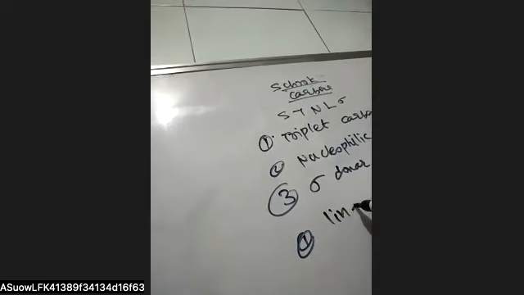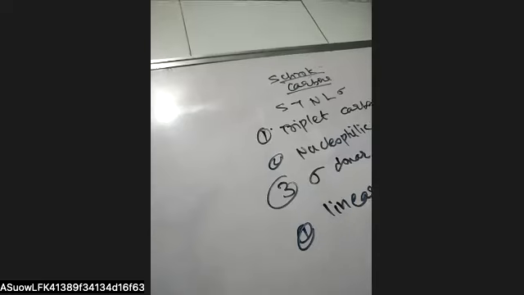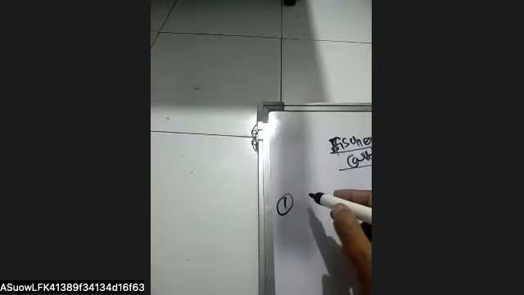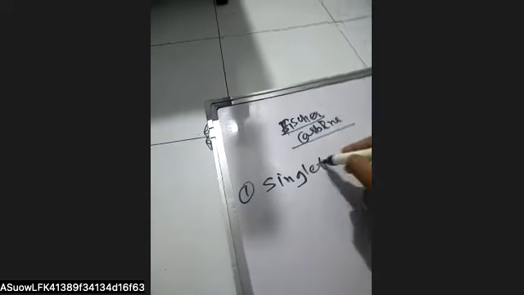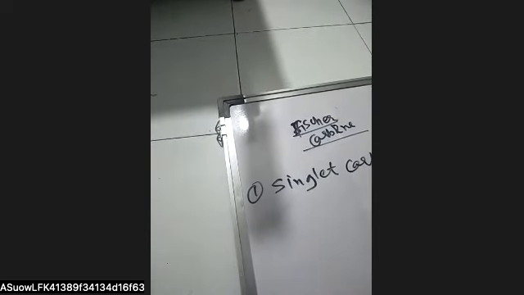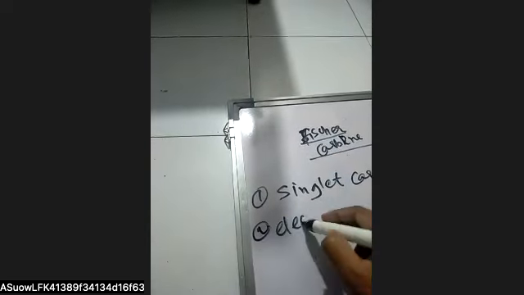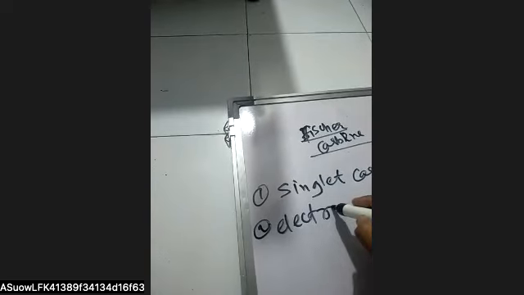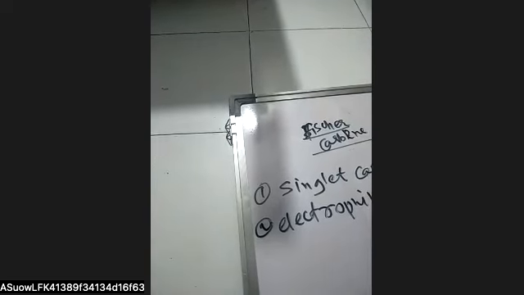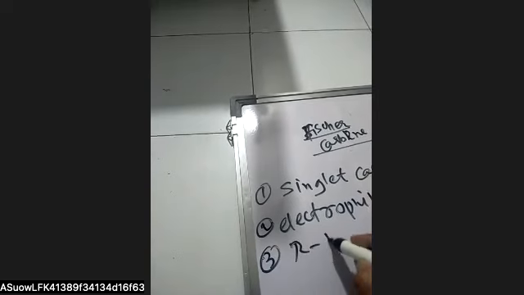And if you take the example of Fischer carbene, Fischer carbenes are singlet carbenes. They are electrophilic. Basically, pi donor ligands are attached to it, and they are non-linear.